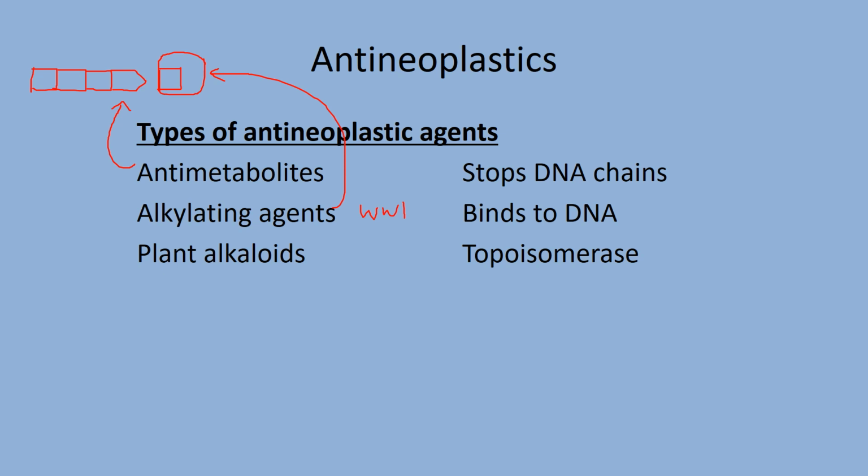Plant alkaloids. So from the rainforest, they were able to find an alkaloid. So it's similar to a base compound that affects topoisomerase. So this is a fancy word, but to replicate DNA, you need single-stranded DNA. So normally DNA is double-stranded, and you can't get to the single strand to copy it.